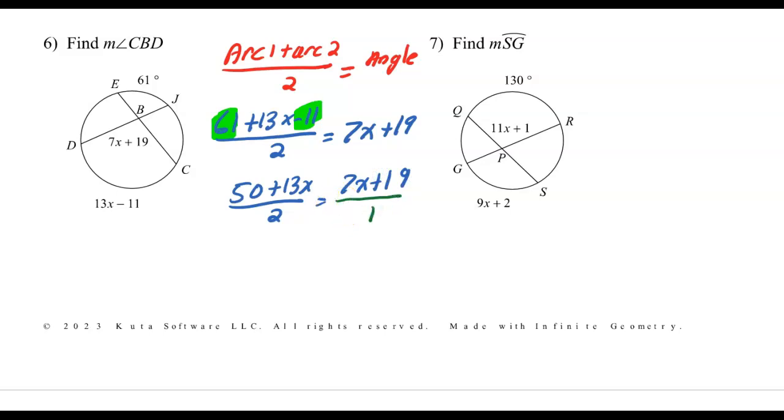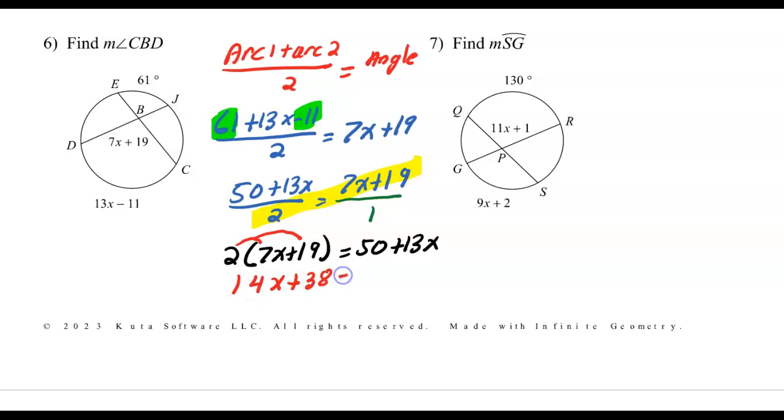I'll put this over 1 and cross multiply. So 2 times 7x plus 19 is 50 plus 13x. Now we need to distribute. So 14x plus 38 is equal to 50 plus 13x.